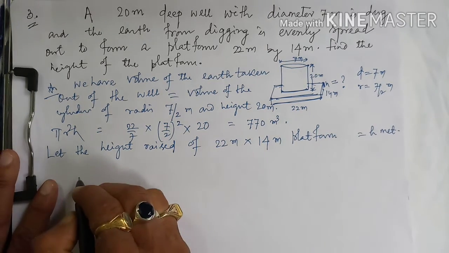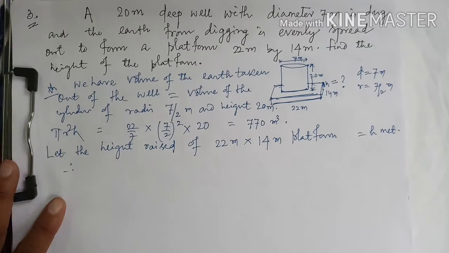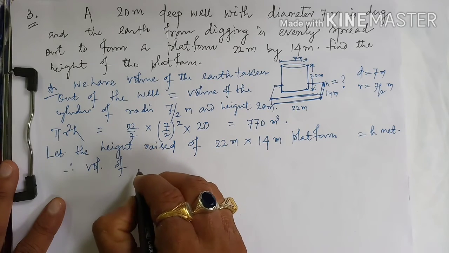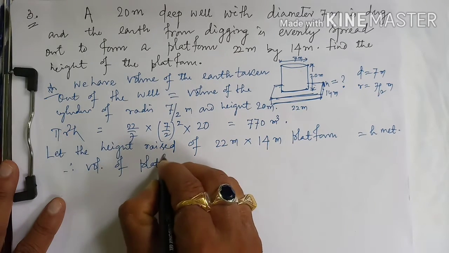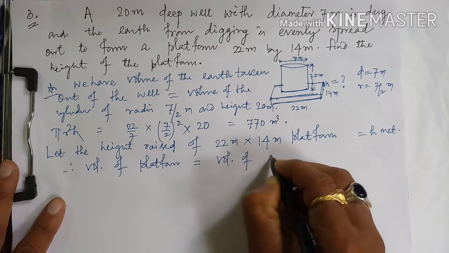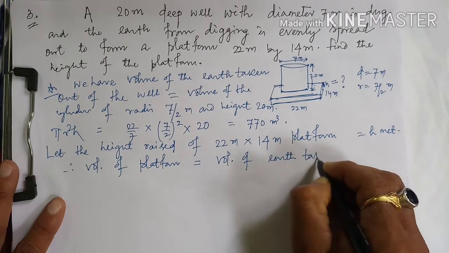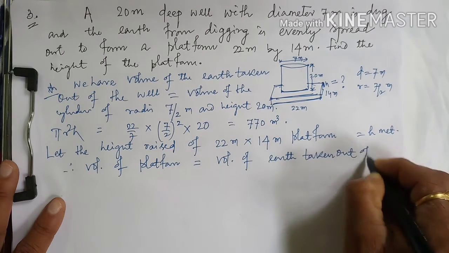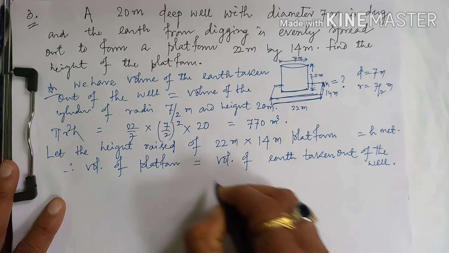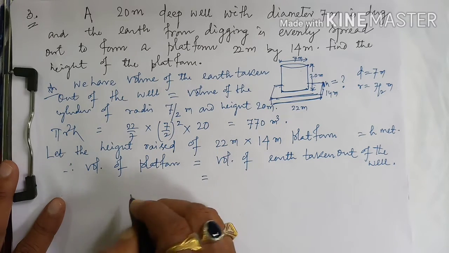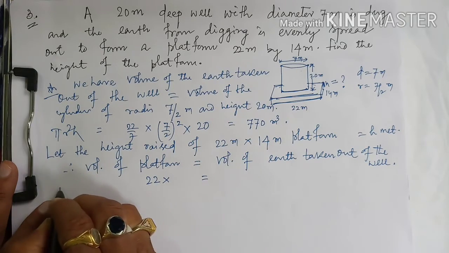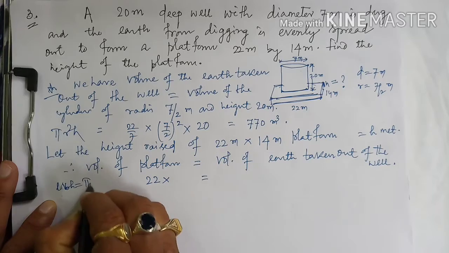Therefore, the volume of the earth on the platform is equal to the volume of earth taken out of the well, that is LBH equal to pi r square h.